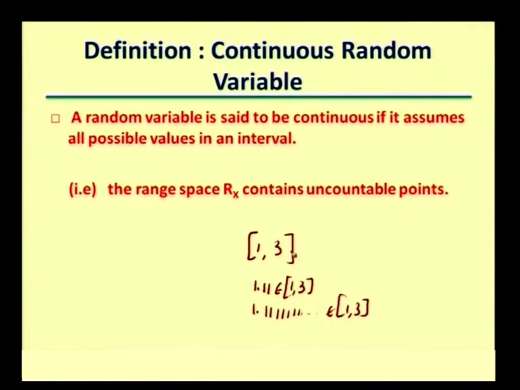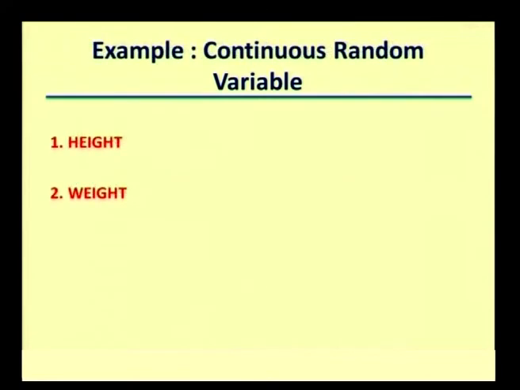If the random variable assumes such type of numbers, then it is called a continuous random variable. A random variable is said to be continuous if it assumes all the possible values in an interval, like 1.11111 up to infinity, which also belongs to the interval. An example of a continuous random variable is measuring height.